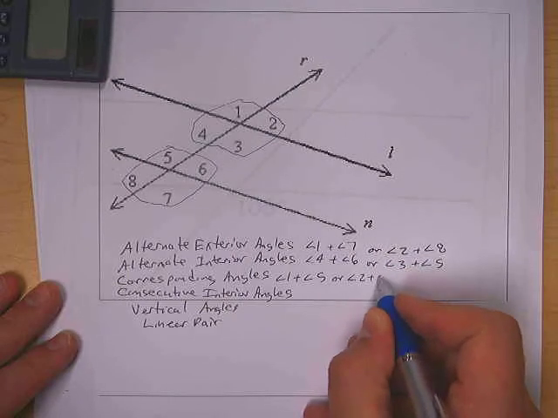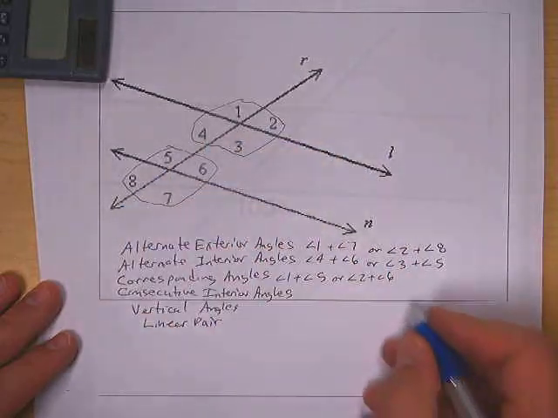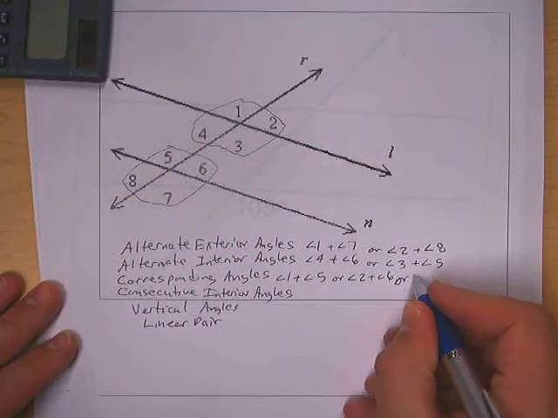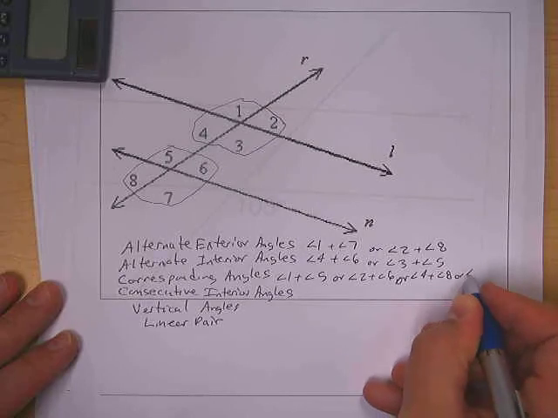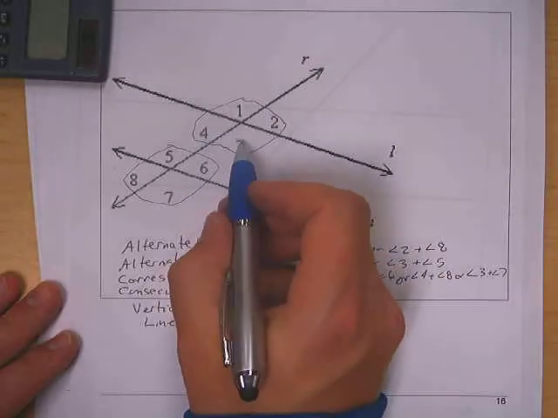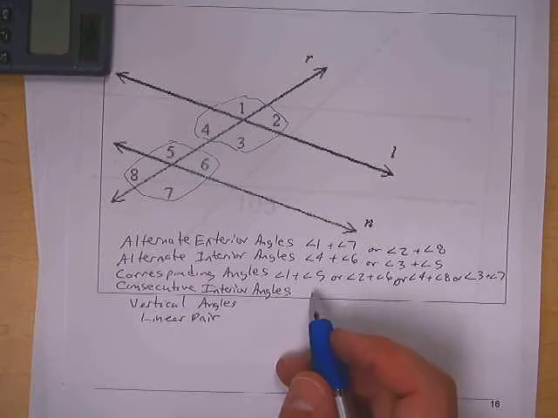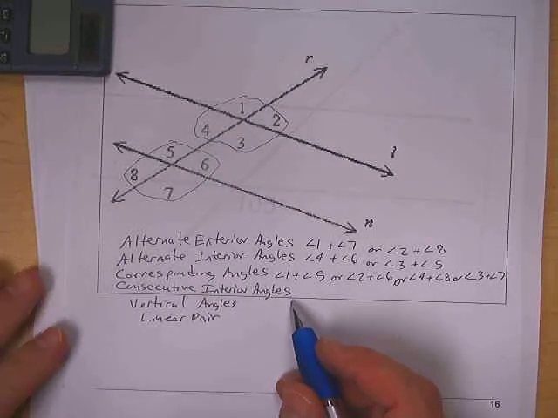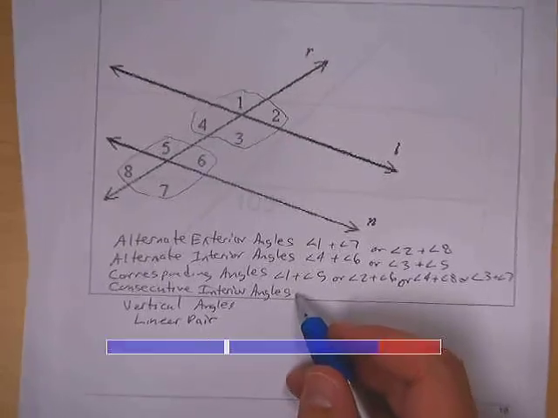Also, 2 and 6, and 4 and 8, those are both bottom left. Or angles 3 and 7. They're both bottom right of these group of 4 angles. So if they're in the same position, they're corresponding angles.